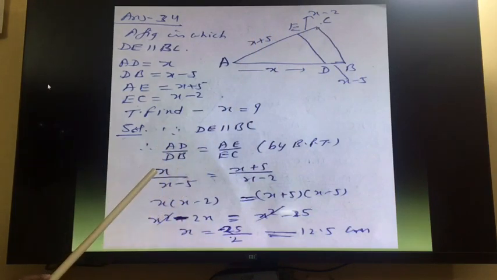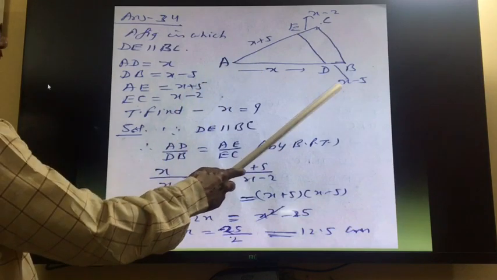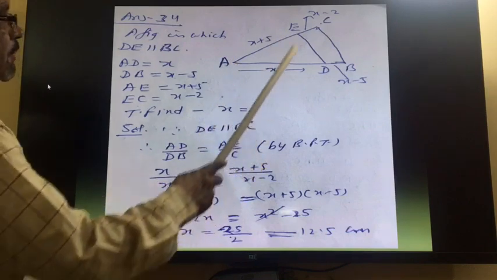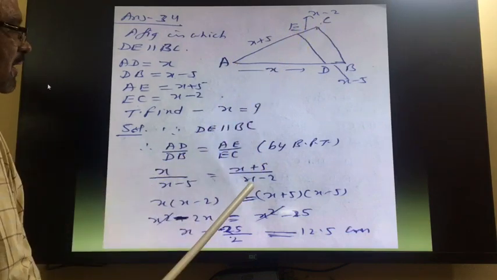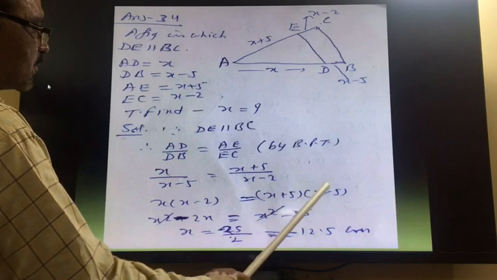Now substitute the values. AD is equal to x upon DB is equal to x minus 5 is equal to AE is equal to x plus 5 upon EC, that is x minus 2. So cross multiply: x into x minus 2 is equal to x minus 5 into x plus 5.